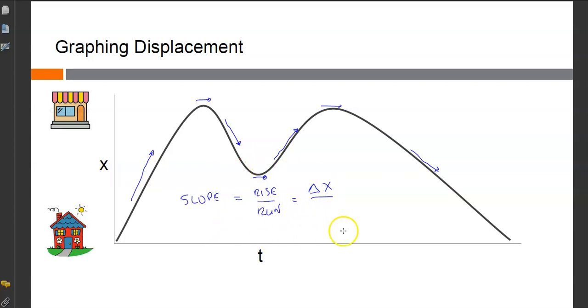And the run, the horizontal axis, is how it's changing in time. So I've got a delta x over delta t here, and that would be the slope of that curve at every point in time. And that slope is a measurement of his velocity.